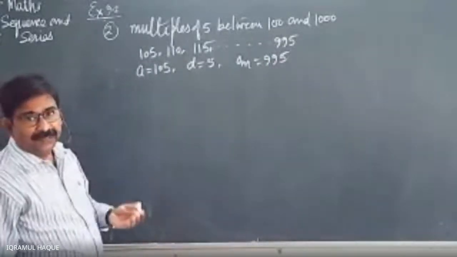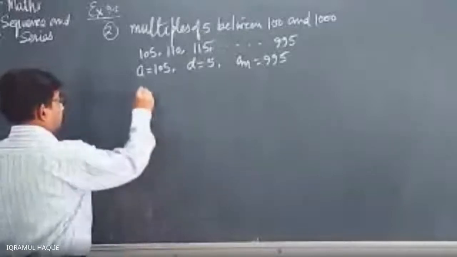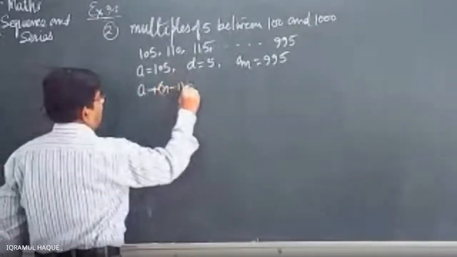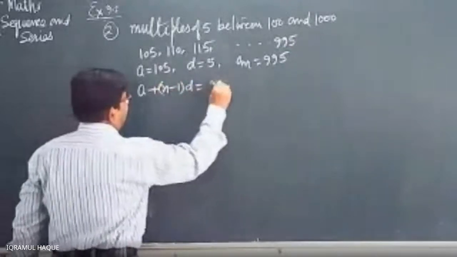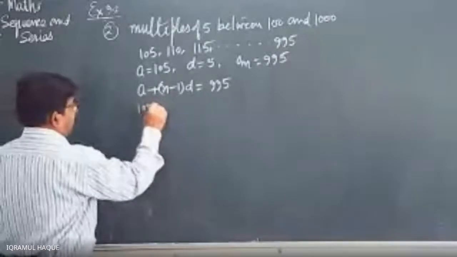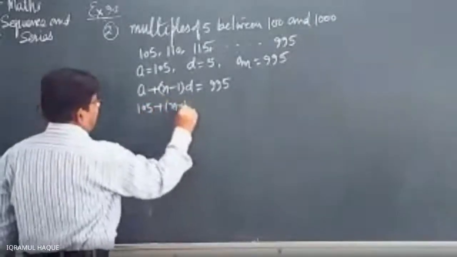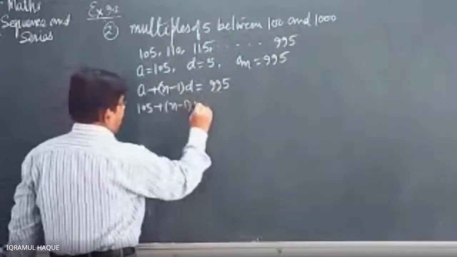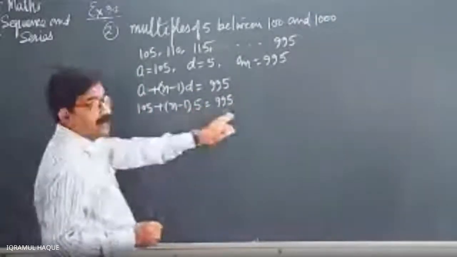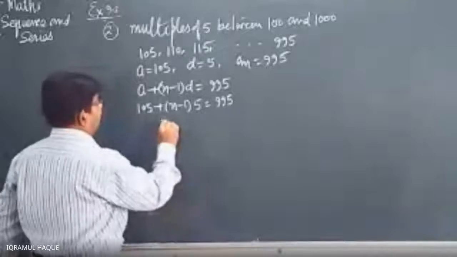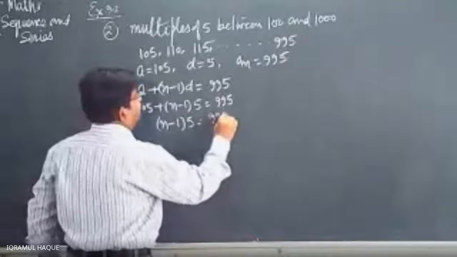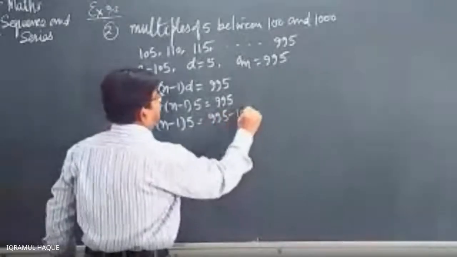Apply the formula of AN to get N. A plus N minus 1 into D is equal to last term 995. A is 105 plus N minus 1 into D. D is 5 is equal to 995. Send this 105 this side. So we have N minus 1 into 5 is equal to 995 minus 105.